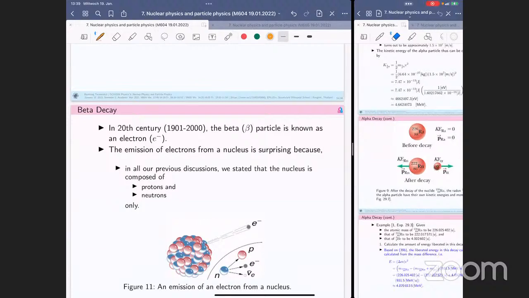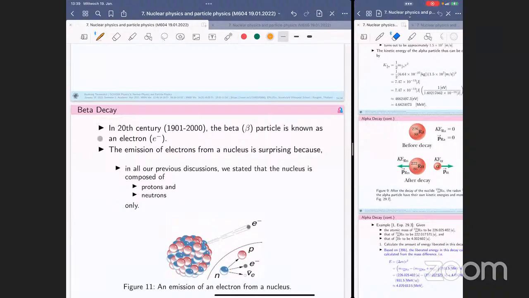Two protons are separated out of the parent nucleus. But beta decay is another kind of decay that doesn't reduce the size of the nucleus so much. It changes only one type of particle in the nucleus.